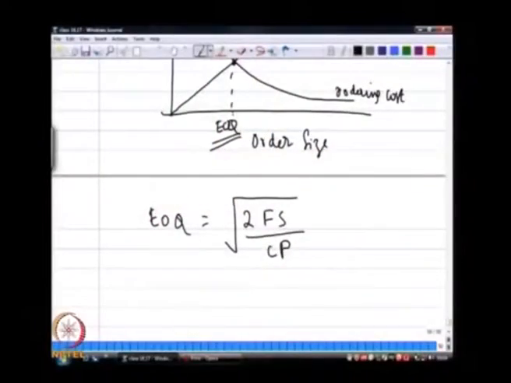So, this is how the economic order quantity was related to these 4 variables.